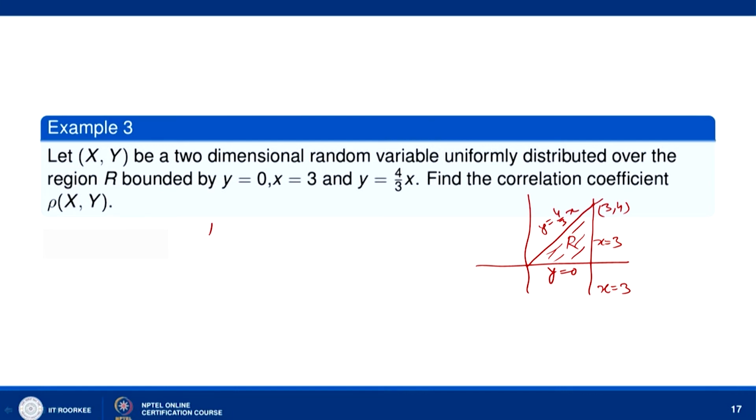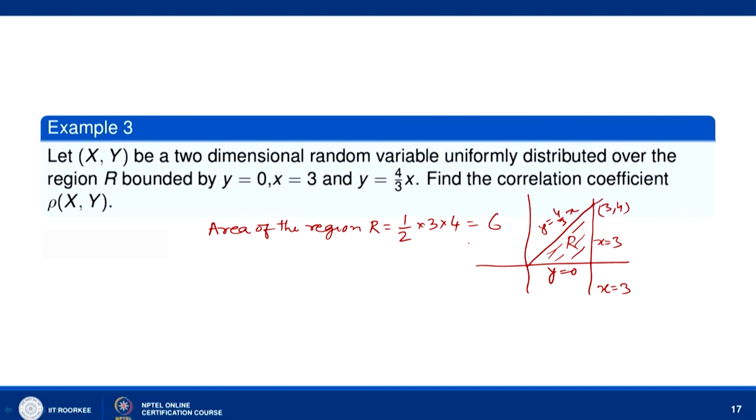Now, the area of the region R is equal to 1 by 2 into base, because it is a triangle. So the base is equal to 3 and the height is 4. So we get 6.